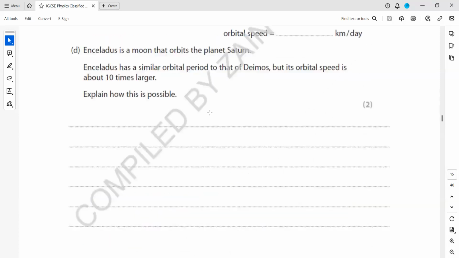Then we have Enceladus, a moon that orbits the planet Saturn, and it has a similar orbital period, but its orbital speed is 10 times greater. Suggest how this is possible.